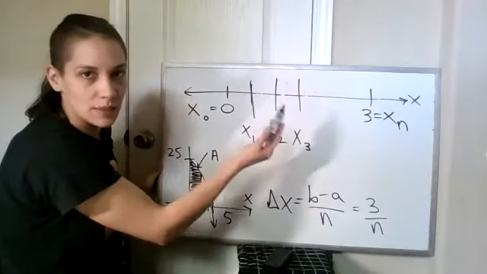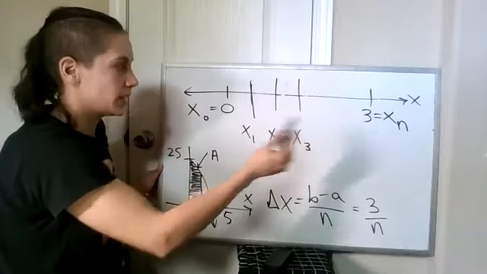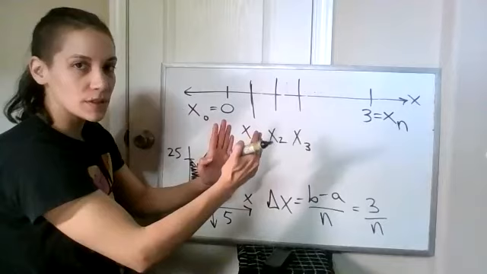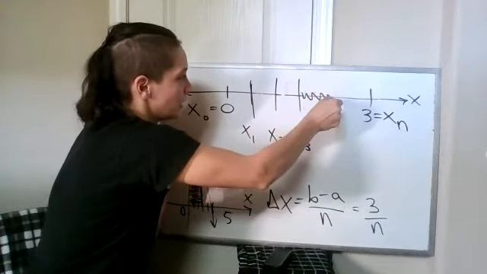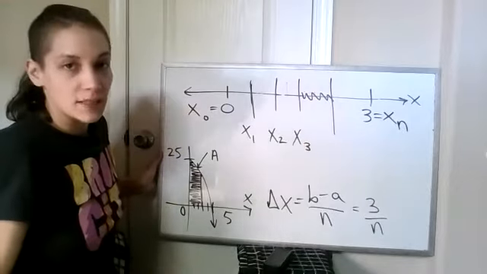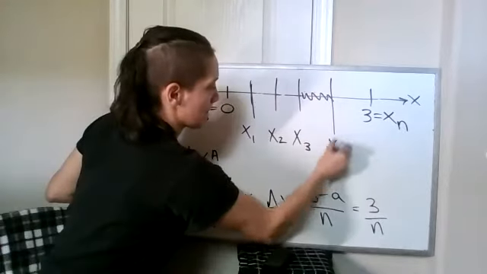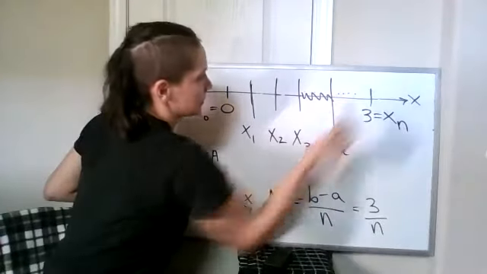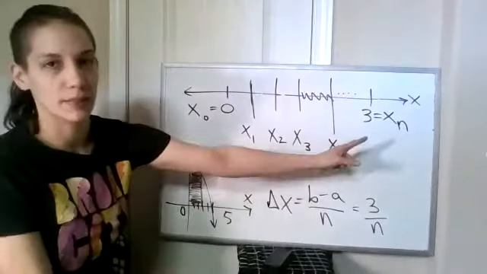Depending on n, you'll have different amounts of rectangles or a different number of subintervals. So let's say you keep going some amount, get here to x sub i, until you reach x sub n.